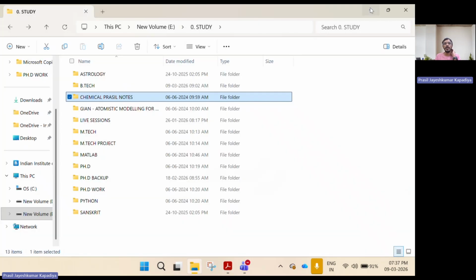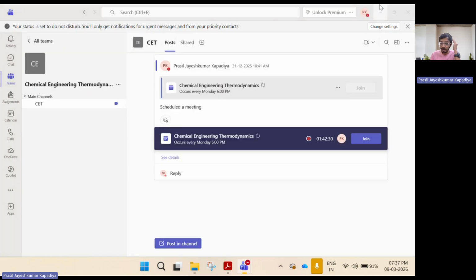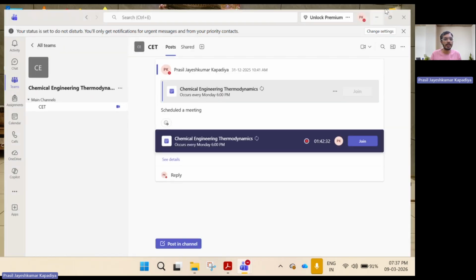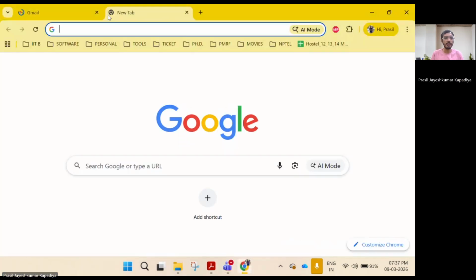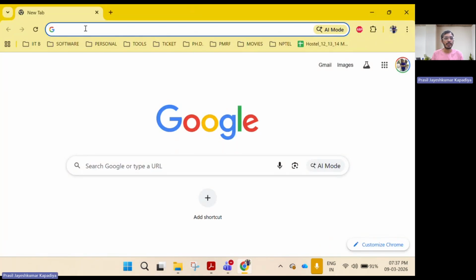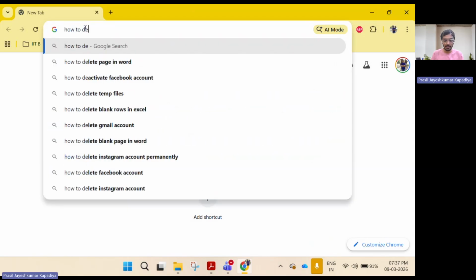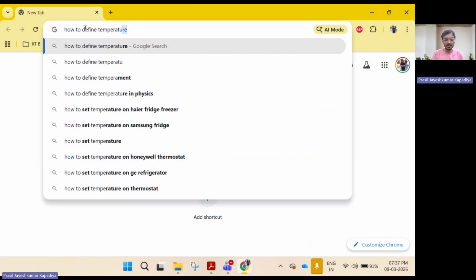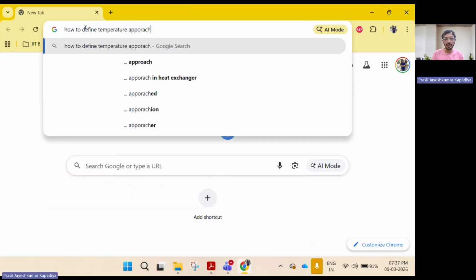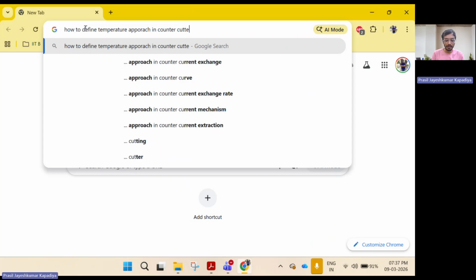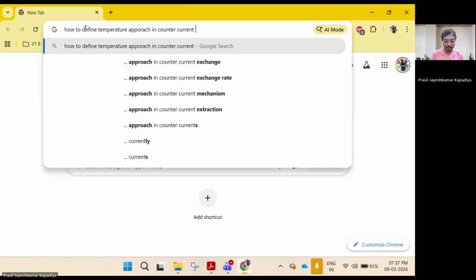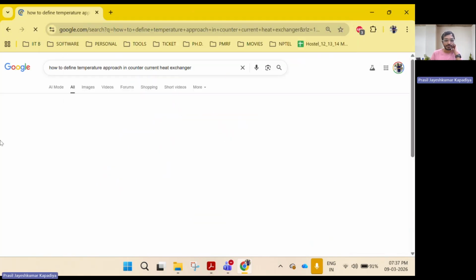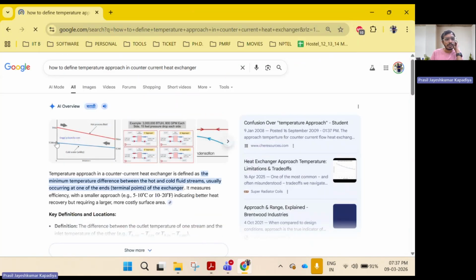Okay, so let's first try to understand what is temperature approach. How to define temperature approach in a counter current heat exchanger?